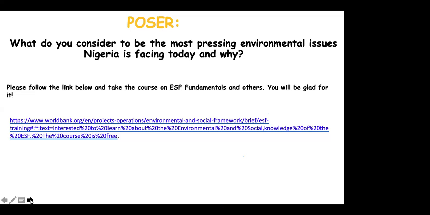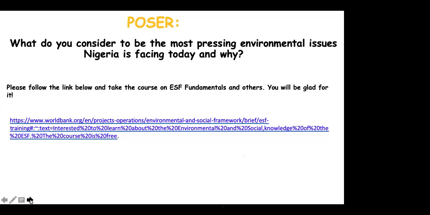So the question is, if we are looking at Nigeria as a whole now, which of them do you think is the most pressing environmental issue? I think desertification. So you look at it holistically. If you are saying the north, what's the population of the north? If you are saying the Niger Delta region, as it concerns the contribution, we'll look at that and then we can calculate it per capita, per person.